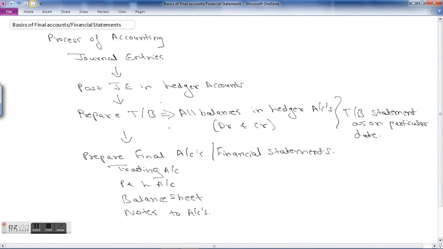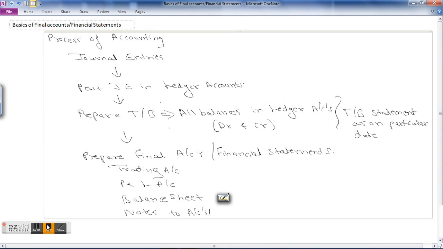Now let us understand practically how we prepare final accounts or financial statements at the end of the year.